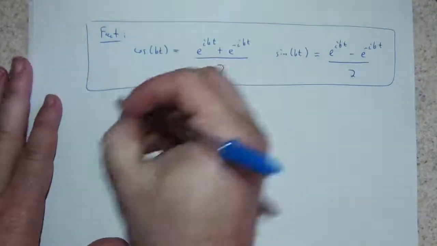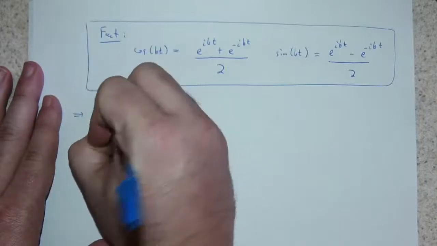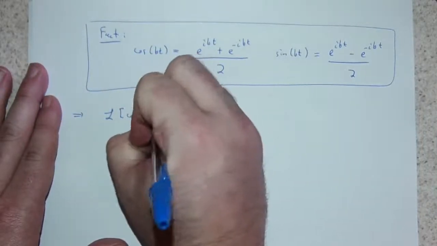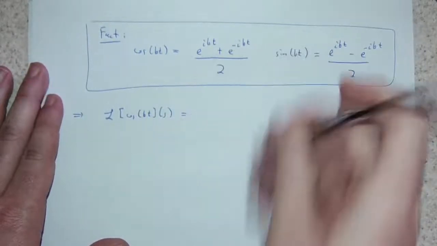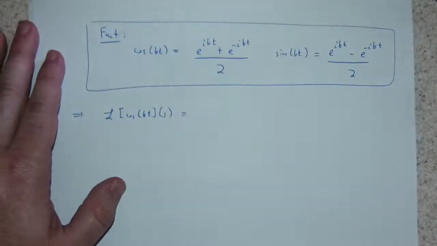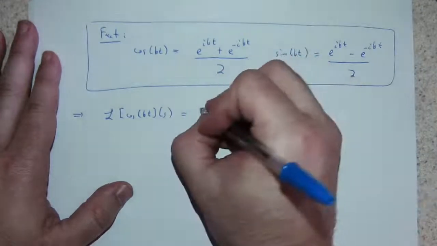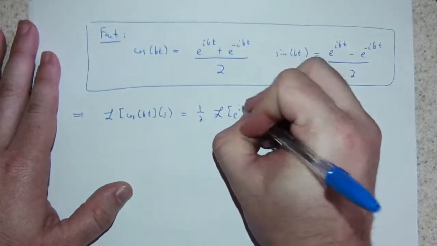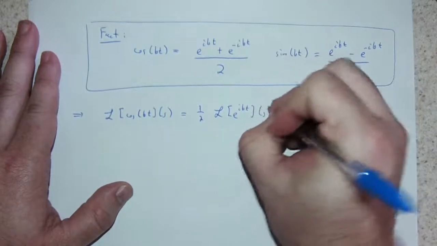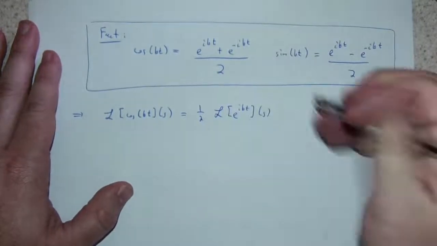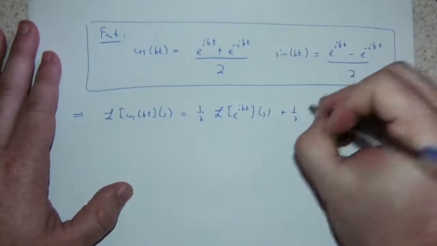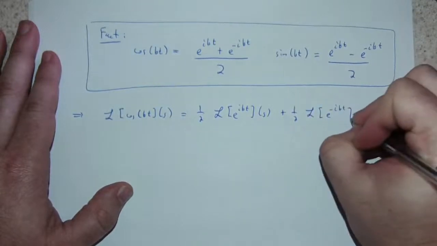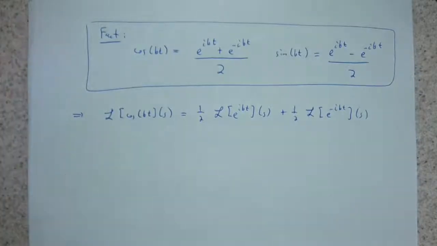Well, then the Laplace transform of cosine of bt, of s, is equal to 1/2 times the Laplace transform of e to the ibt. Notice I've already used linearity there by factoring out the 1/2. Plus 1/2 times the Laplace transform of e to the minus ibt, of s.